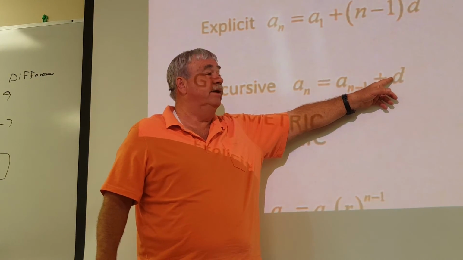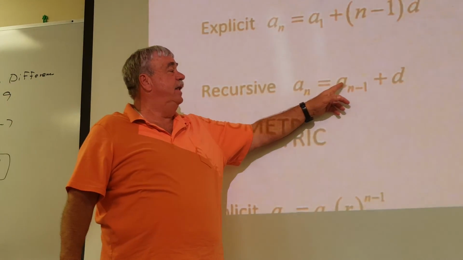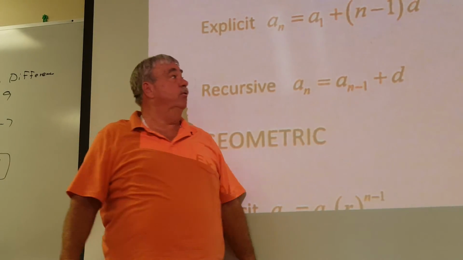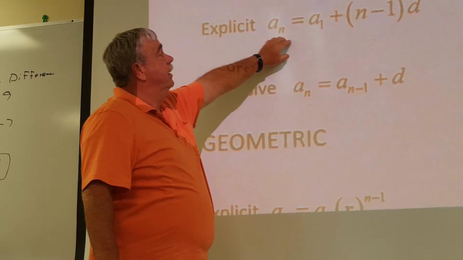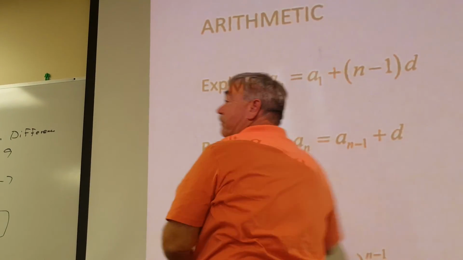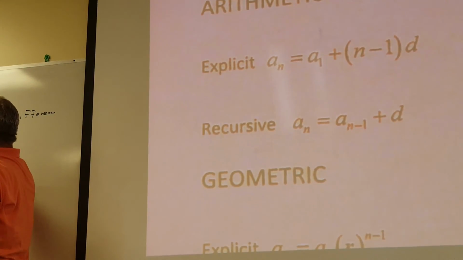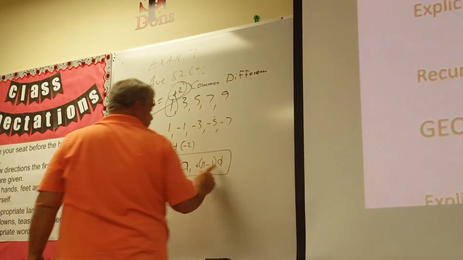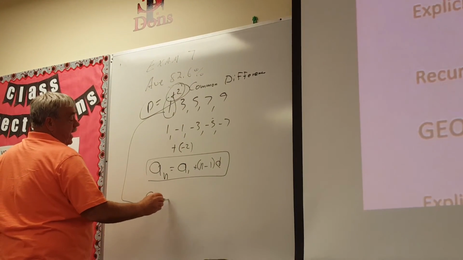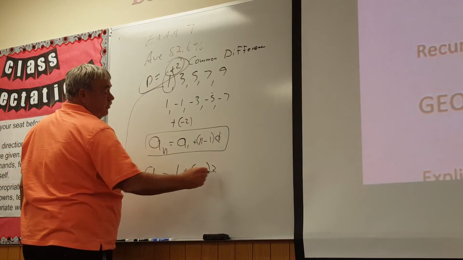So whatever d is, so on this one, you would put a_n is a_(n-1) plus 2, and this one would be plus negative 2. Okay, but this one, you need to put this and this in, okay? Now, do you know what the first term is here? 1. Do you know what the common difference is? Yeah. So this formula, a_n is going to be 1 plus n minus 1 times 2.